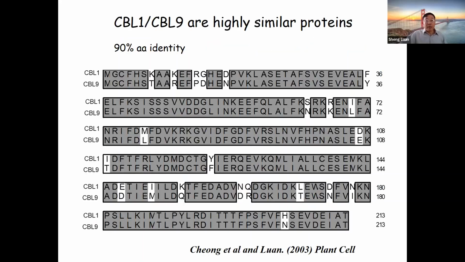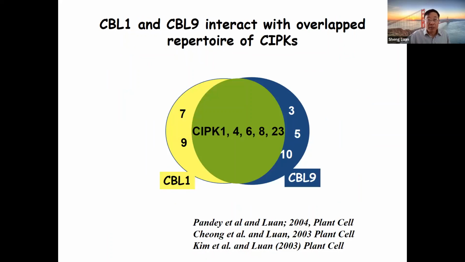So starting with a study on CBL1 and 9, which are highly similar, right? More than 90% amino acid identity. With that kind of identity, we can predict that they probably function redundantly, and also because their function is determined by interacting CIPKs. So we needed to find what CIPKs they interact with, and we realized that most of the CIPK targets are shared.